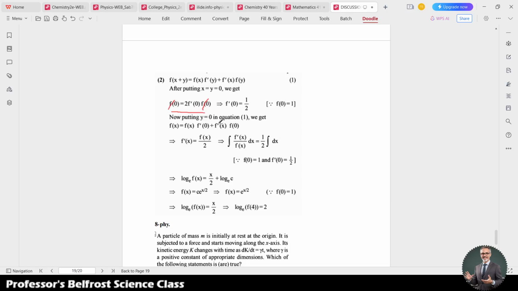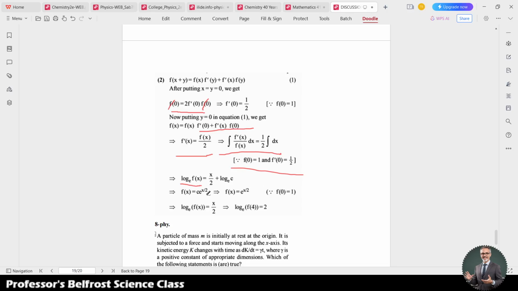Now putting y equals 0 in the equation, you get this one. So f'(x) is f(x) by 2. If you take the integral on both sides, you get this. Since f(0) equals 1 and the derivative is half, ln f(x) is x by 2 plus ln c.